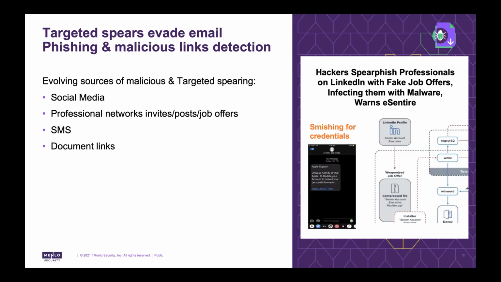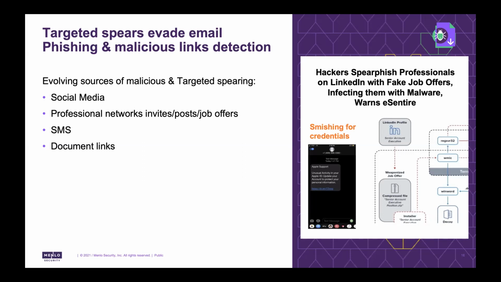Now, if you have a traditional secure web gateway, it may not actually be seeing this traffic because it's coming in directly to the phone via an SMS. Well, with Menlo, we can actually use isolation to protect that mobile browser on the smartphone, on the tablet, to deliver security from these types of attacks. And that's just one example.